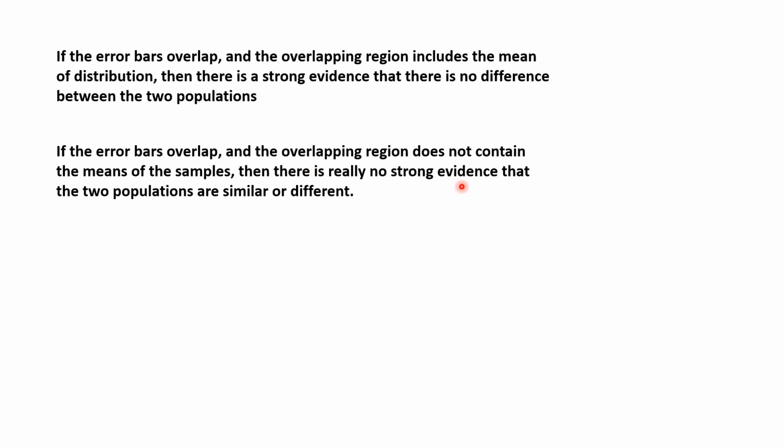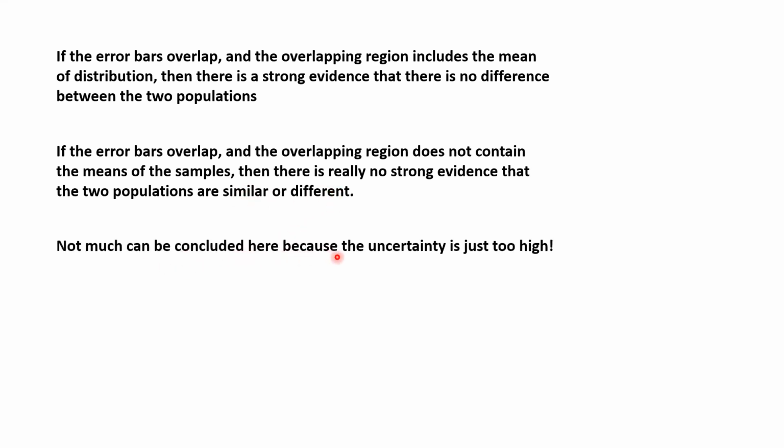We can't come to a conclusion. There is no strong evidence that the two populations are either similar or different. Not much can be concluded here because the uncertainty is just too high. Right? At higher classes, you will see what is uncertainty.